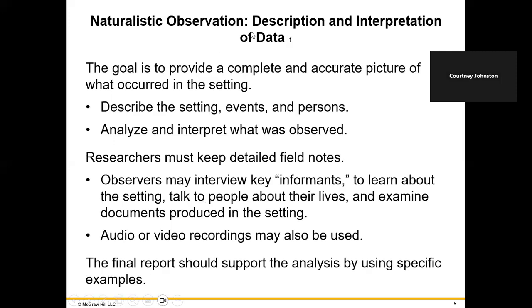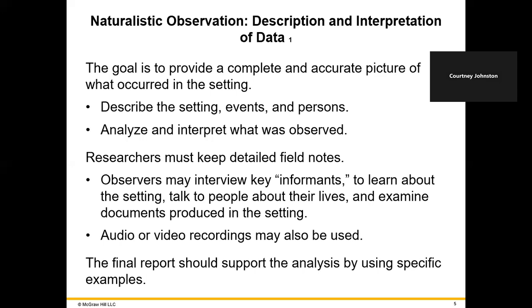So, for the description and interpretation of data in naturalistic observation, the goal is to provide a complete and accurate picture of what occurred in the setting. You might describe the setting, events, and persons, and then you analyze and interpret what was observed, again, in the words that you're collecting. There have to be detailed field notes. Observers may include key informants to learn about the setting.